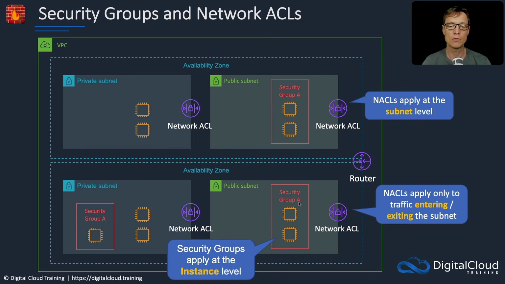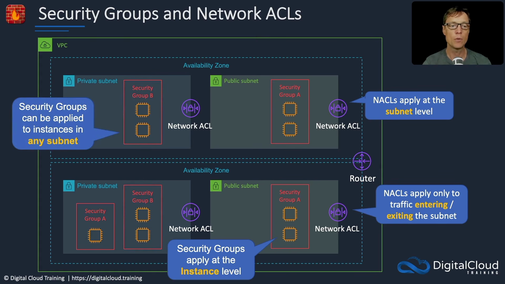So this is the same security group A, and it's been applied to instances in several different subnets. So remember that this is the instance level. That means it's going to filter traffic going between instances in the same subnet or across different subnets. We could then have security group B that's attached to different instances. So security groups can be applied to instances in any subnet.